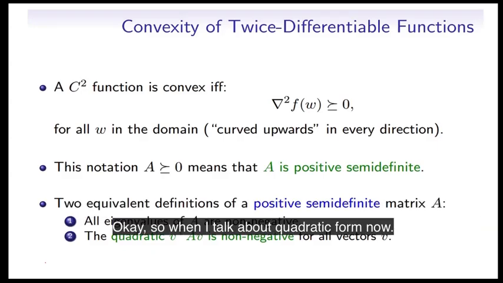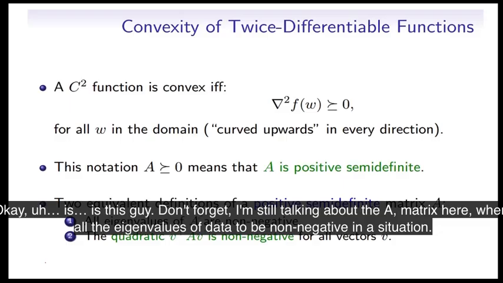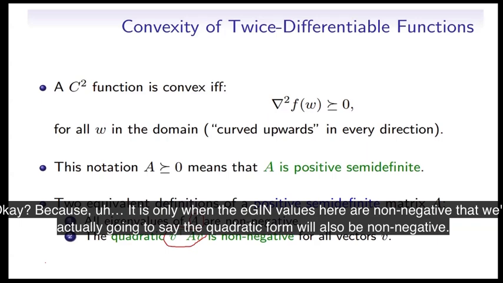So when I talk about quadratic form now, it is this guy. Don't forget, I'm still talking about the A matrix here, where all the eigenvalues are to be non-negative. Because it is only when the eigenvalues are non-negative that we say the quadratic form will also be non-negative.